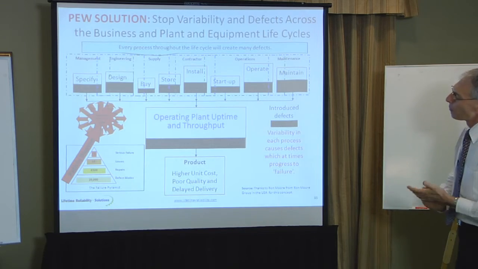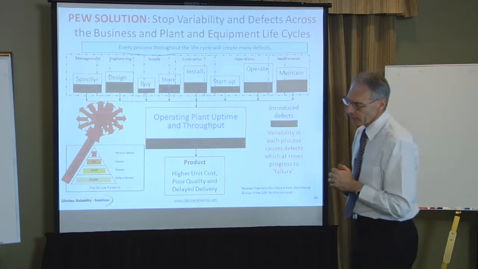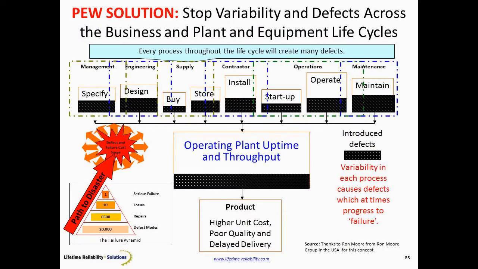Now, we've discussed previously that human error is all around us. Business processes, depending upon the process you choose, produce a range of outcomes. Some outcomes are going to be bad, some will be good. And this is what this is basically saying. Across the life cycle between projects, designing, procurement, stores management, installation, operating the plant and then maintaining the plant, things go wrong at every single one of these processes.